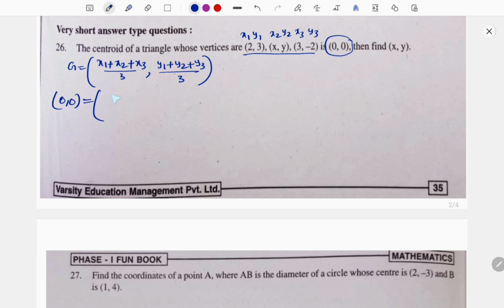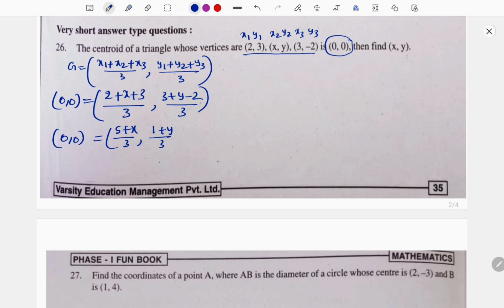So 0, 0 is equal to x-coordinates sum by 3, then y-coordinates sum by 3. Now simplify this. 0, 0 is equal to (3 plus 2 is 5) 5 plus x by 3, and (3 minus 2 is 1) 1 plus y by 3.